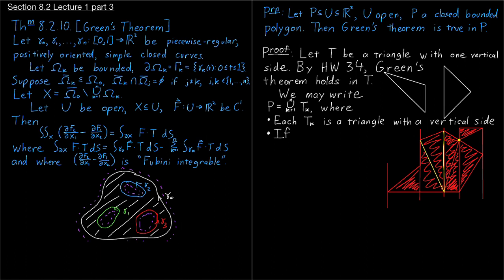So we see that if you pick two distinct triangles, then the intersection of the two triangles is equal to the intersection of the boundaries of the two triangles.